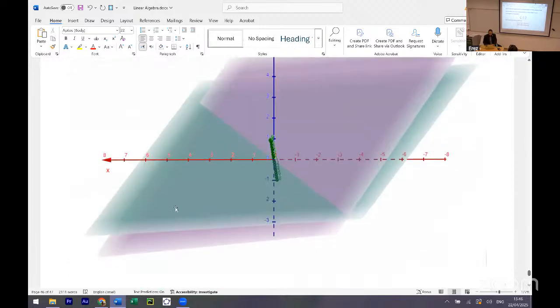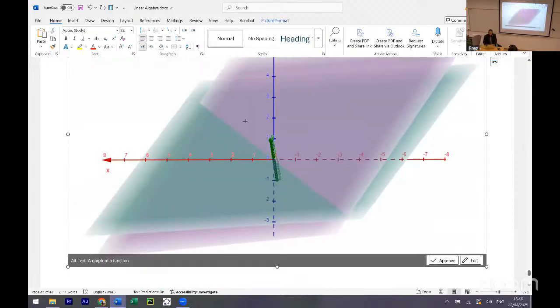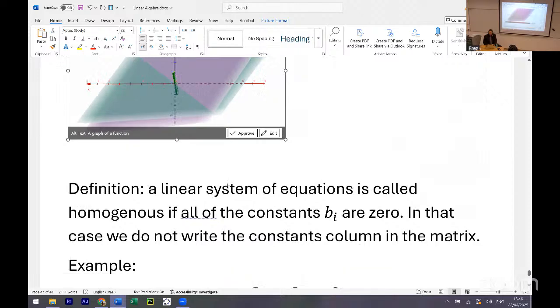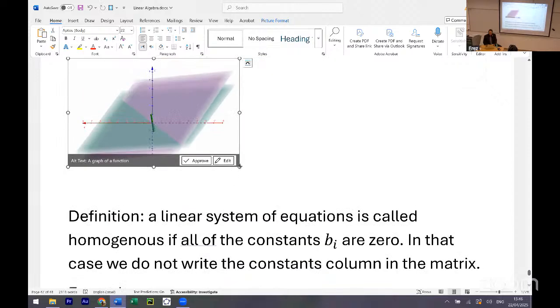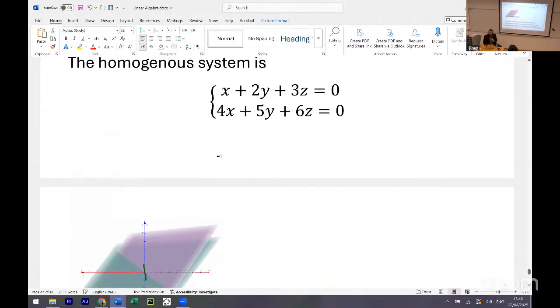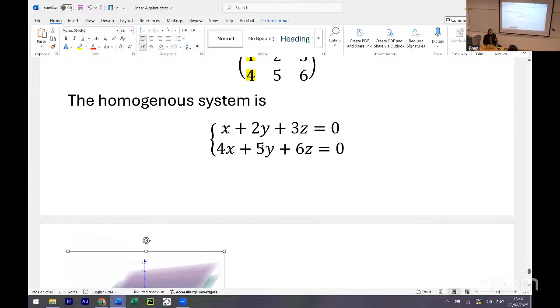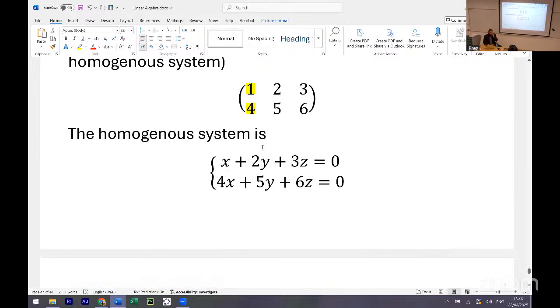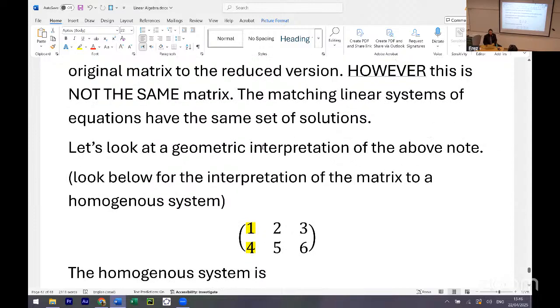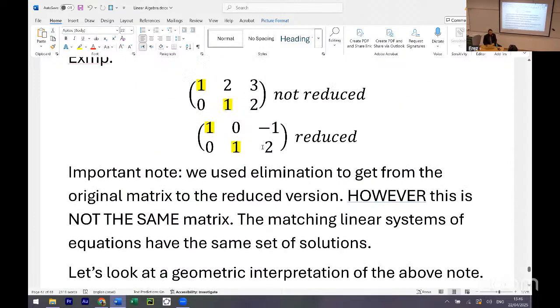So this is the geometric interpretation. And now I'll go to the matrix after we did the elimination process and got to the reduced echelon form, which is this.